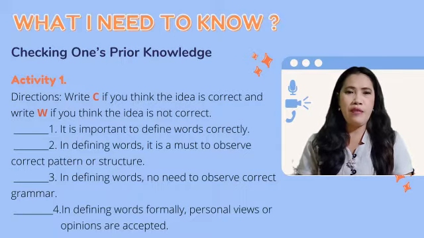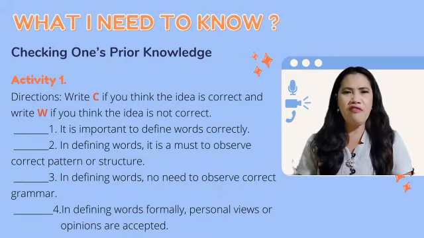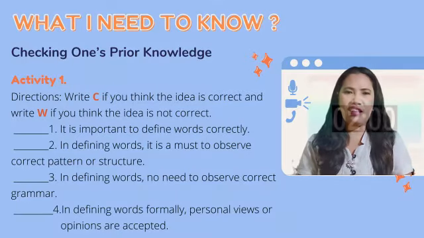For number 3: in defining words, no need to observe correct grammar. And lastly, number 4: in defining words formally, personal views or opinions are accepted. You have 2 minutes to answer the first activity.